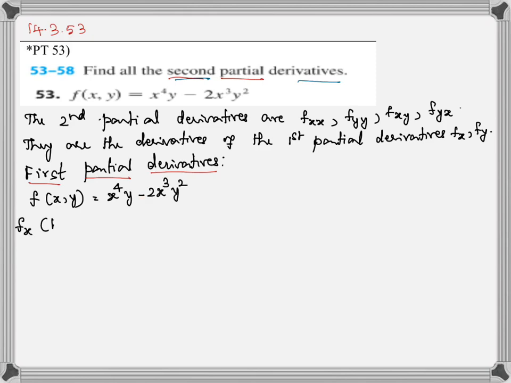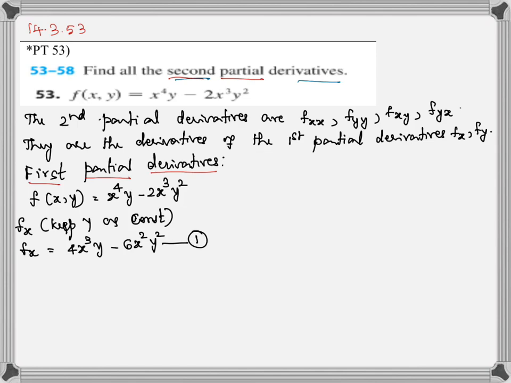In order to do f_x, the first partial derivative with respect to x, keep y as a constant and then differentiate with respect to x. So this would mean 4x^3 y - 6x^2 y^2.